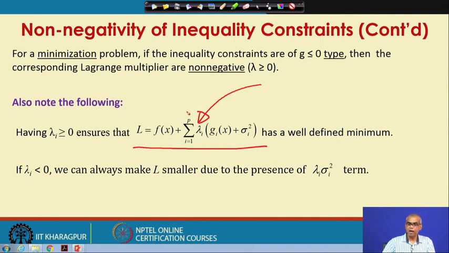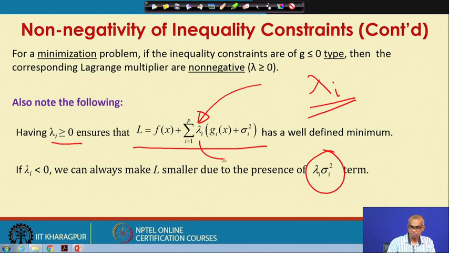If lambda i is greater or equal to 0, this will ensure that this Lagrangian function has a well defined minimum. If lambda i are allowed to take negative values, then because of this lambda i sigma squared term, you can make the Lagrangian function L smaller and smaller.